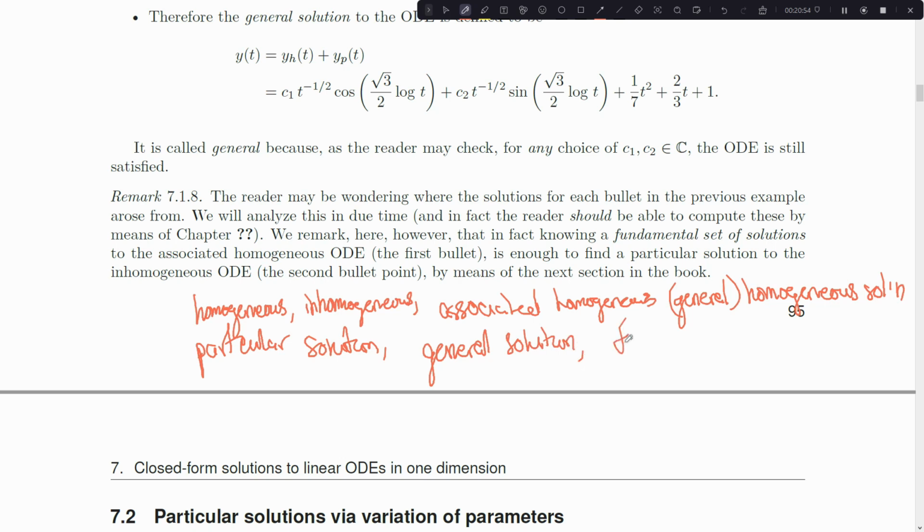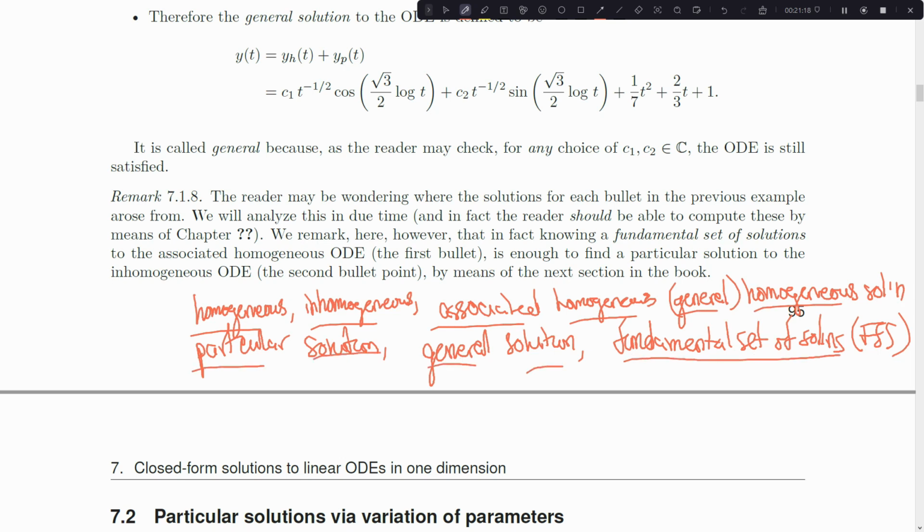Oh, and I suppose fundamental set, which I'll call FSS, fundamental set of solutions. So these are the words that really I want us to focus on memorizing for today.